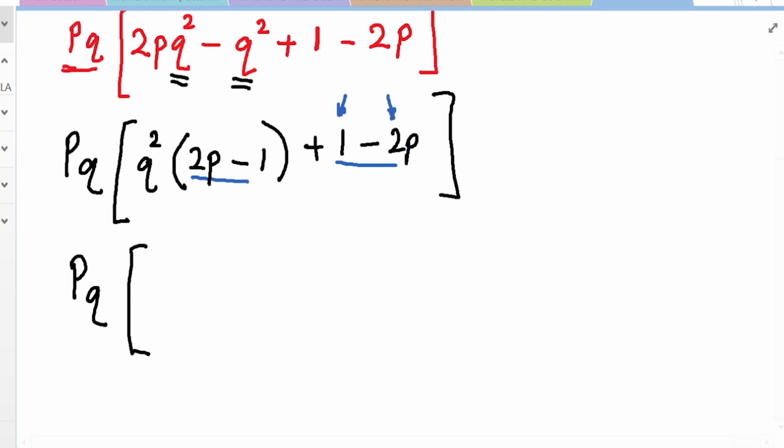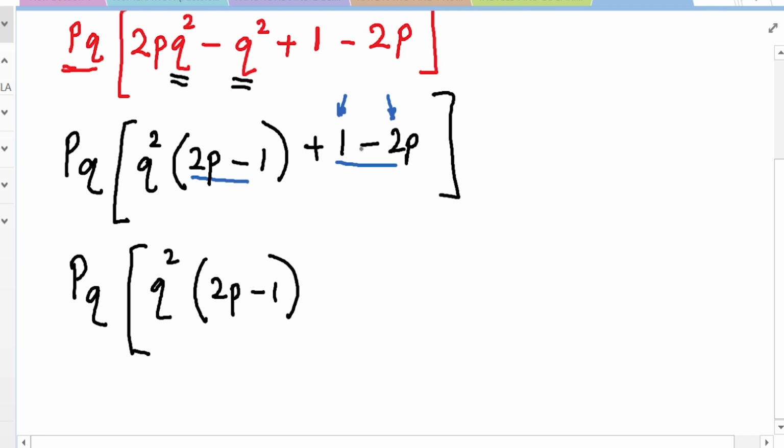So in other words, this is as simple as saying this is q squared into 2p minus 1. Then between this expression and that expression, I'm going to say minus 1. In other words, I'm factorizing out negative 1: positive 1 divided by negative 1 leaves us with negative 1, then negative 2p divided by negative 1 leaves us with plus 2p.